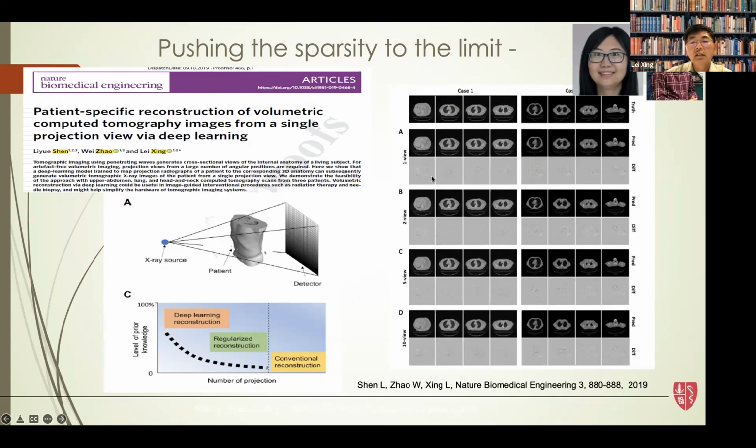That just means that when you're taking a chest X-ray, you can use that information plus prior knowledge, and you can actually get a volumetric image. I'm not going to go into the detail. If you're an engineer working on imaging, you can go to the paper and read it.